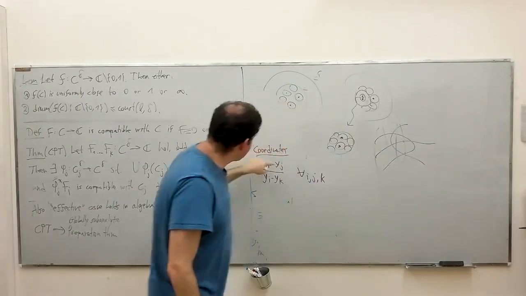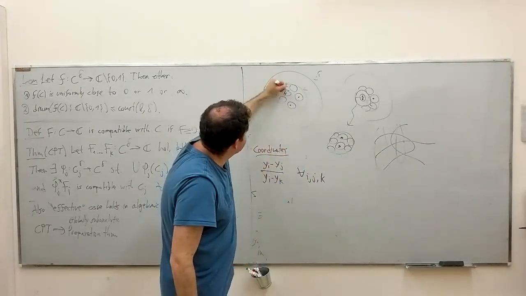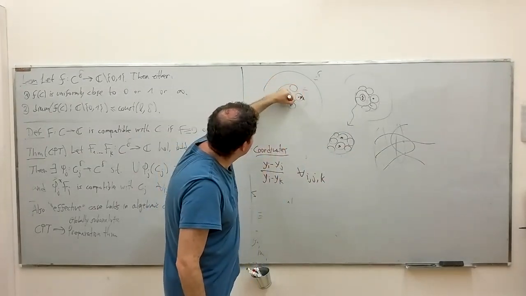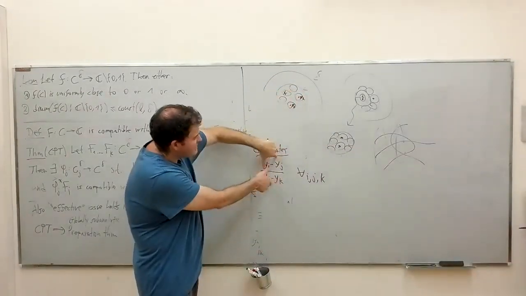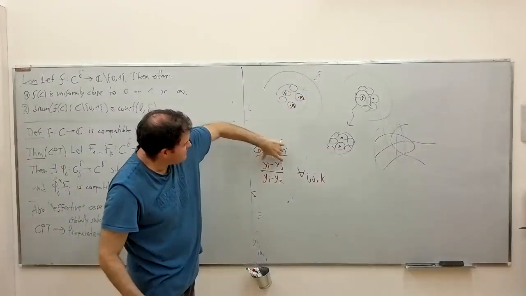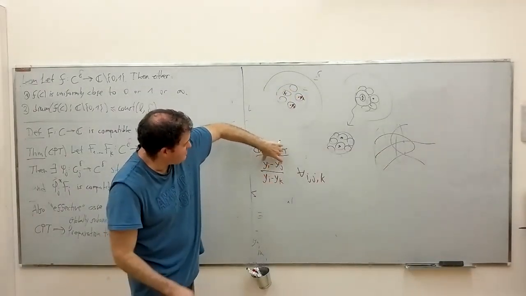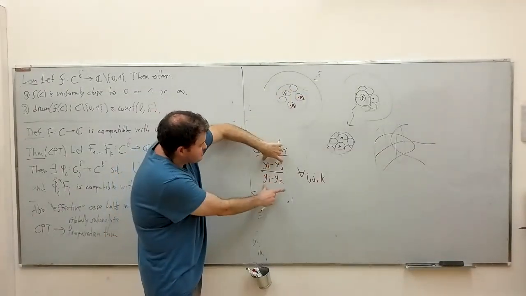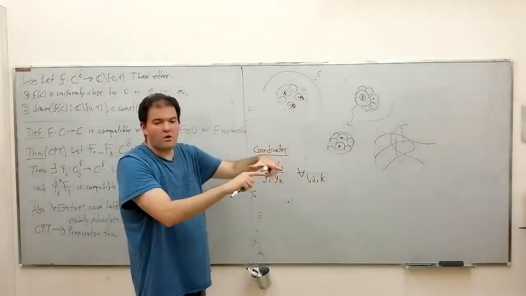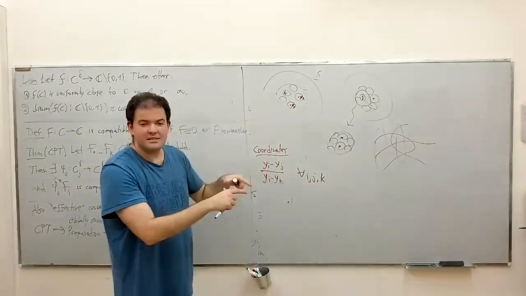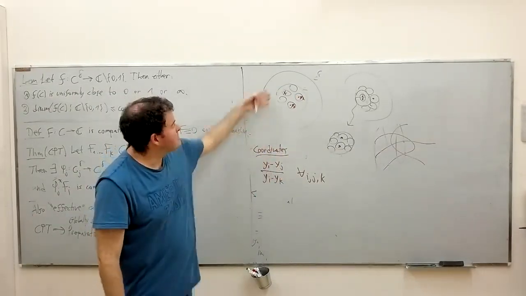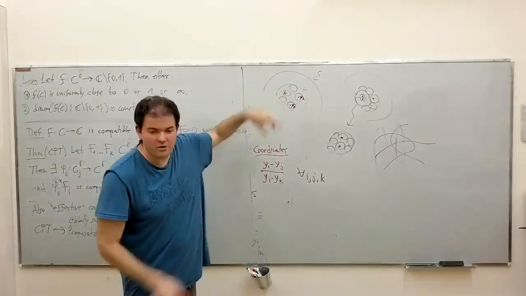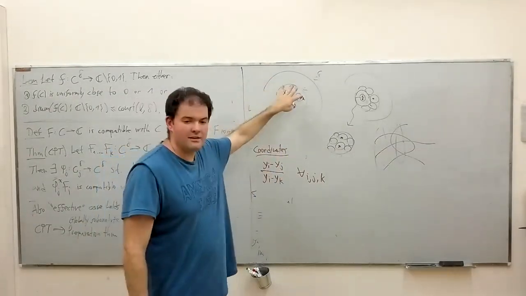So these are the points, y1, y2, y3. This is measuring the relative distances. This is the distance between yi and yj, and this is the distance between yi and yk. If you know all of these distances and you know that all of them don't move much, then you will be able to make a fixed combinatorial structure for this cell decomposition.